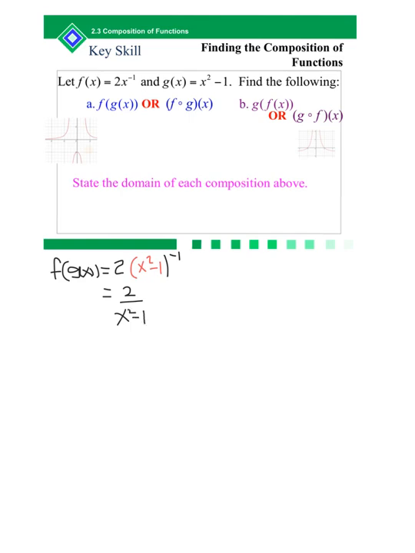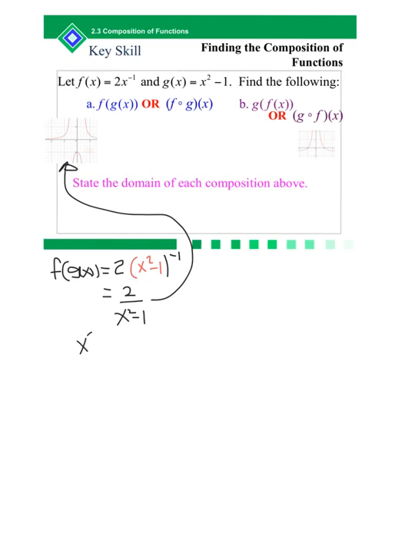And when I graph this function, this is the same function here when you graph it. I'm just showing a graph there because that's another way to visualize the domain. Now, how do I find the domain?